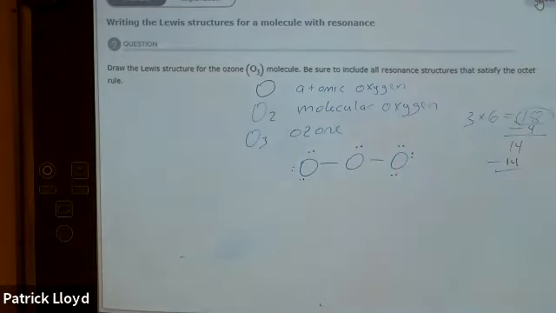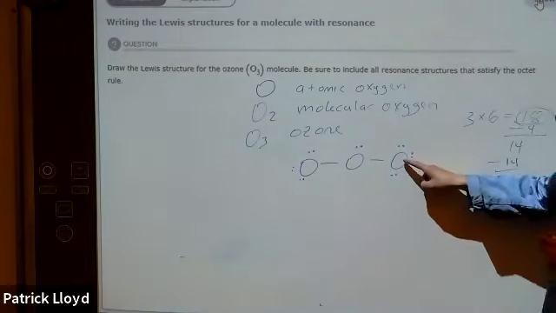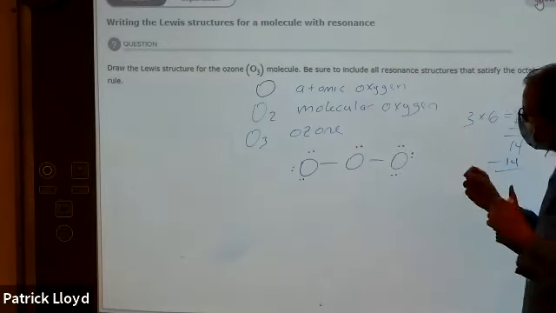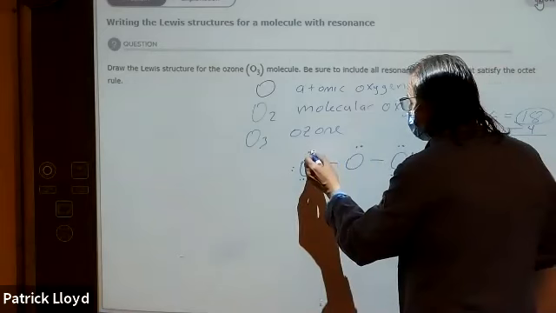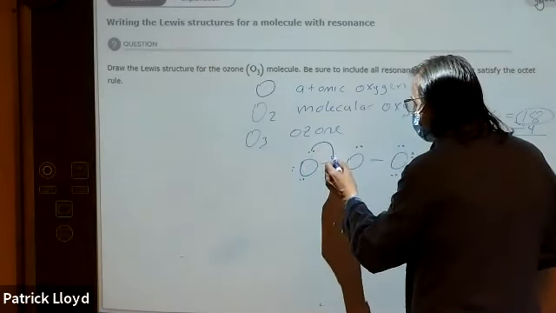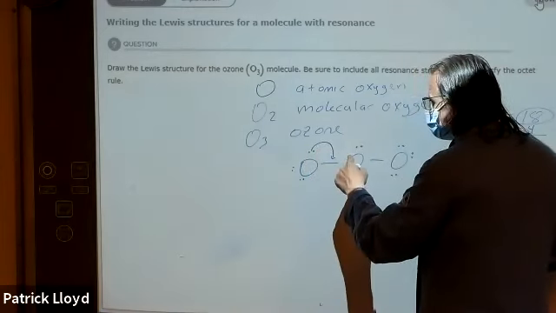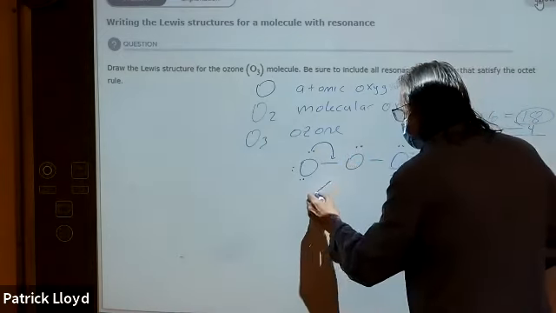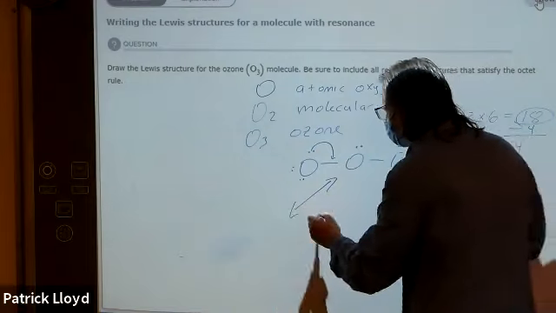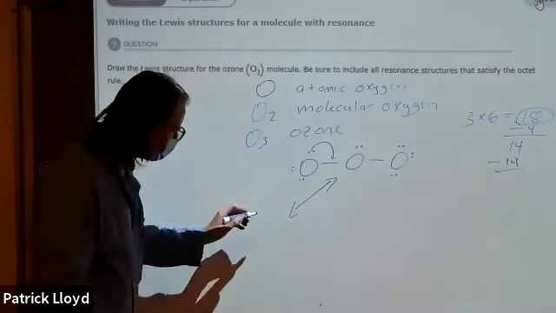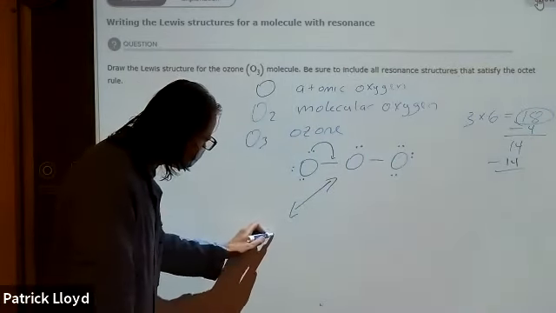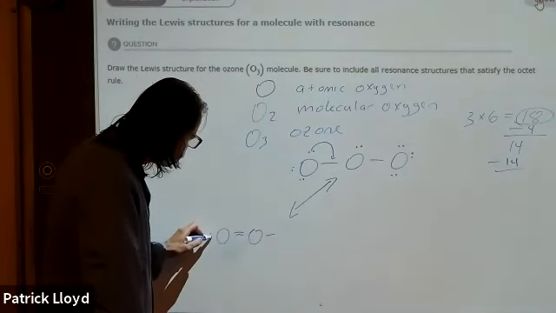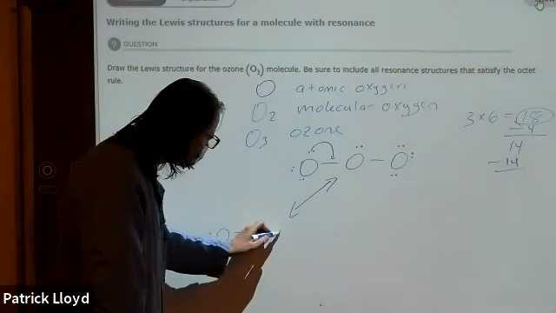Okay. Now we're almost there. This oxygen has 8, this one has 8, but this one only has 6. So we could take a pair here. That's one possibility. And both of those would get counted, so that would be 8. And we would have a double bond over here, and just a single over here.